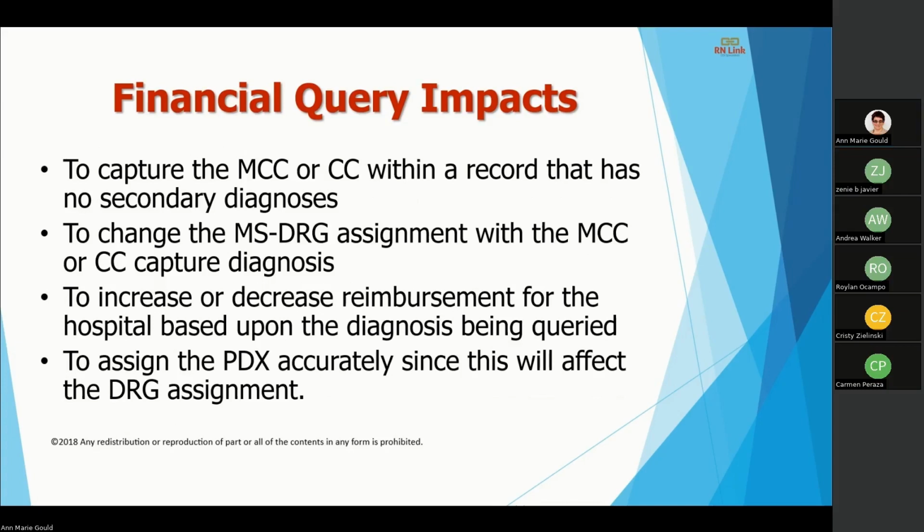And then, of course, to assign the PDX accurately, since this will affect the DRG assignment, you want to make sure you capture that primary diagnosis. Like I said, when you're doing concurrent reviews, your working DRG will change because your principal diagnosis will change as you're going along. If it's a sign and symptom code like syncope, well, the definitive diagnosis is complete heart block.